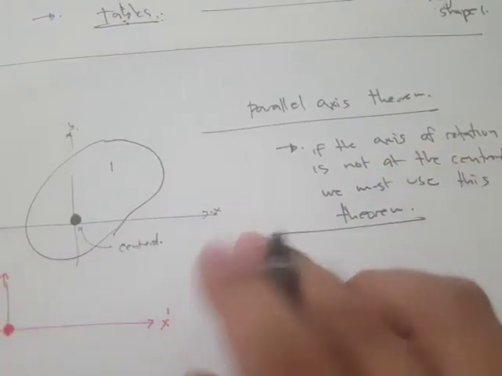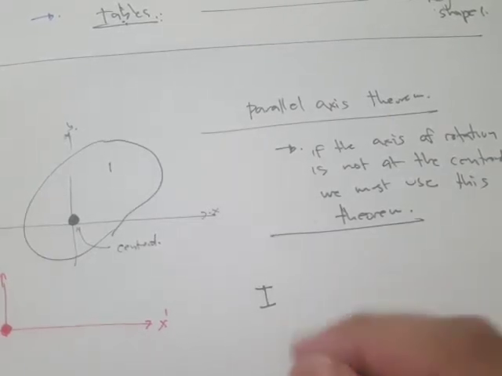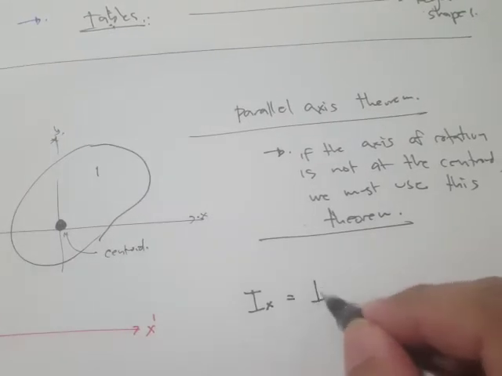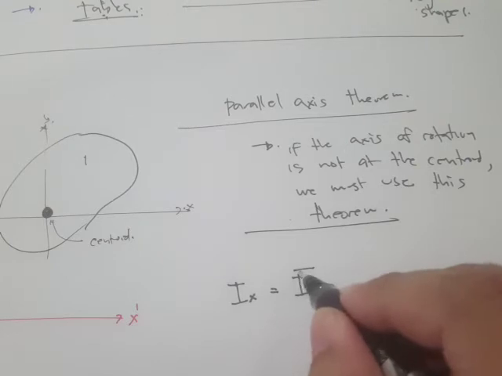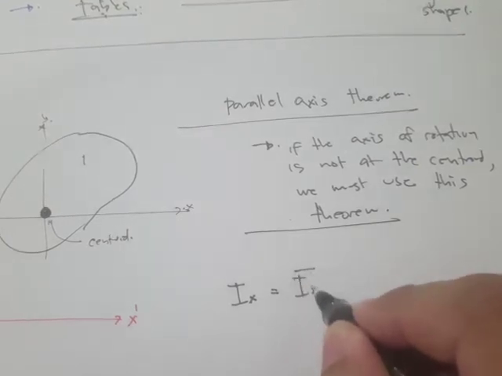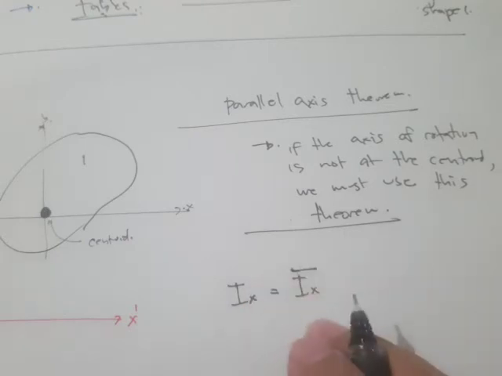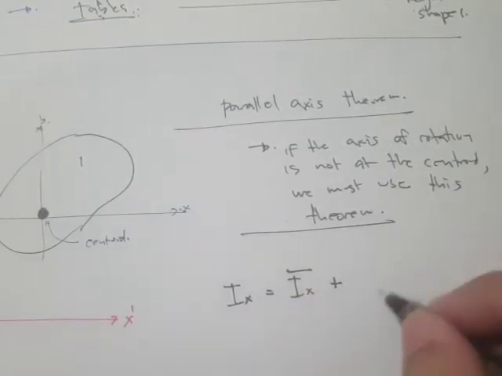Let's say we are going to take the moment of inertia along x. I sub x is simply the moment of inertia along the centroid. I put a bar on top of this I x just to designate that this is the moment of inertia along the centroid, plus the area times the distance.